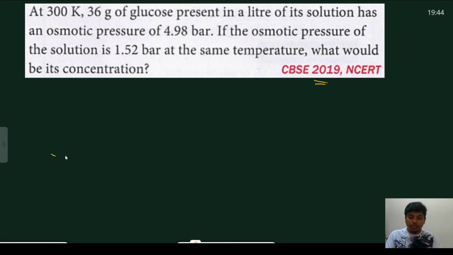Read the question at least once or twice, you will get an answer. It's a very easy question.